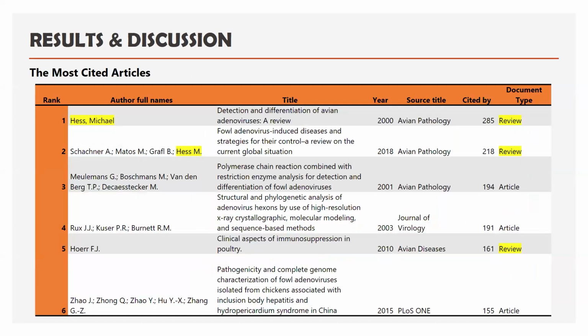Among the most cited articles, the top 2, 3 or 4 are reviews, which suggests that reviews gather more citations than articles. Michael Hess appears most often in the most cited articles, from the University of Veterinary Medicine, Vienna.